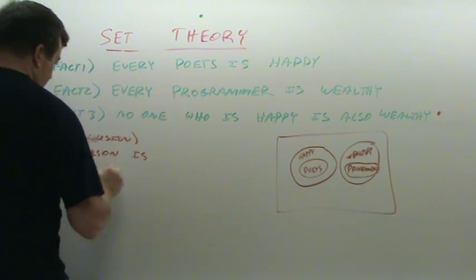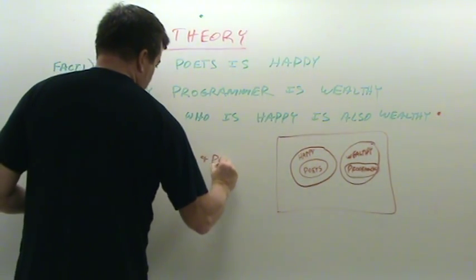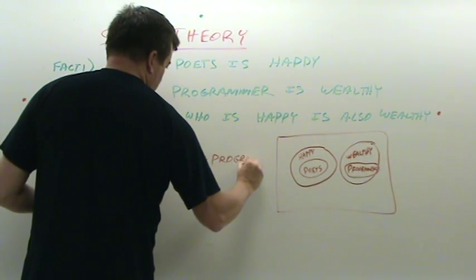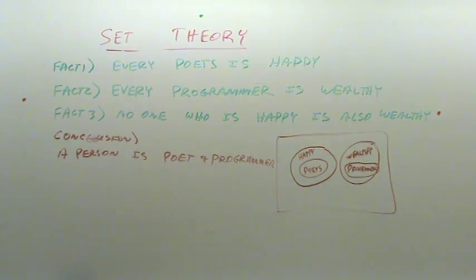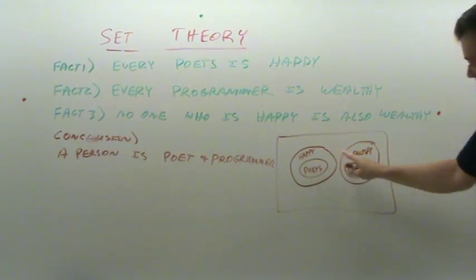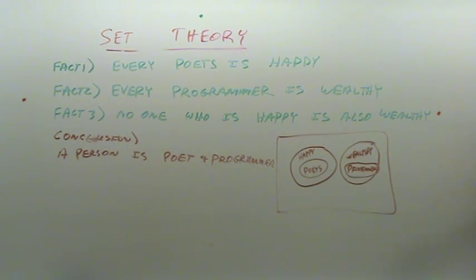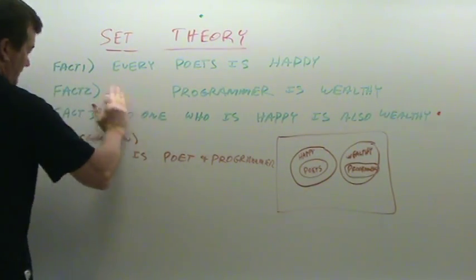The answer is no, because the sets of happy people and wealthy people are disjoint, and poets are in the happy set and programmers are in the wealthy set, according to these statements. Okay, now what if we were to change this to say some?